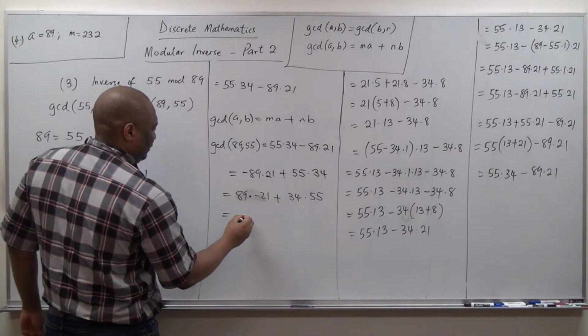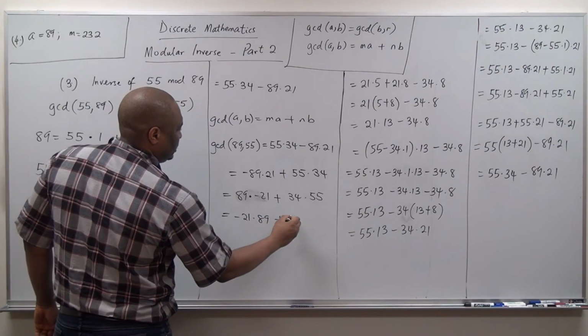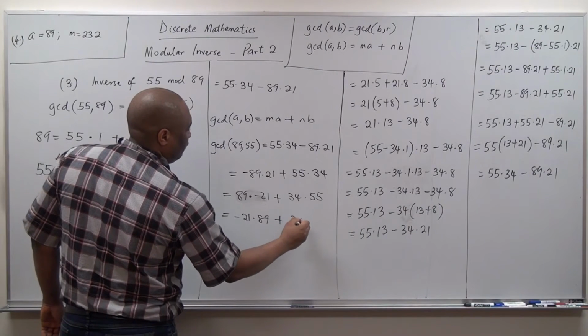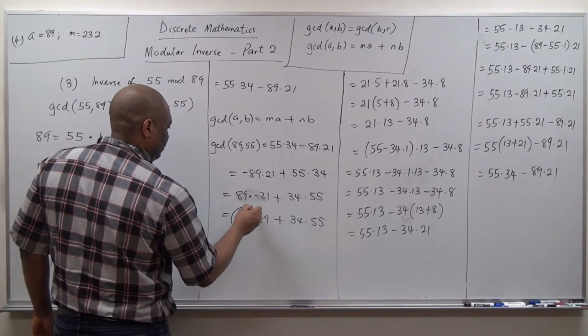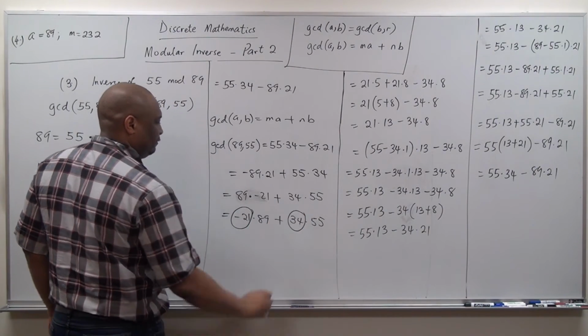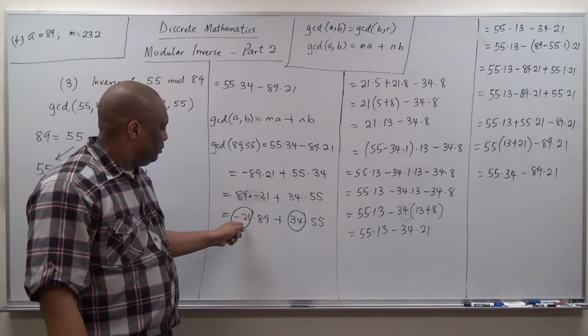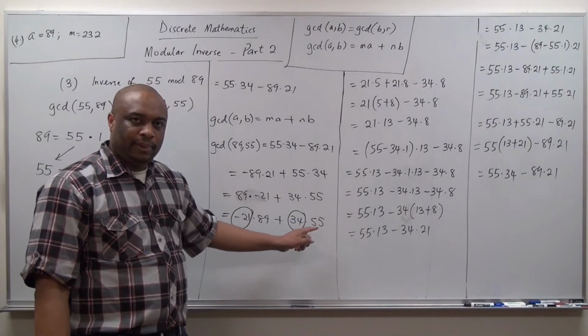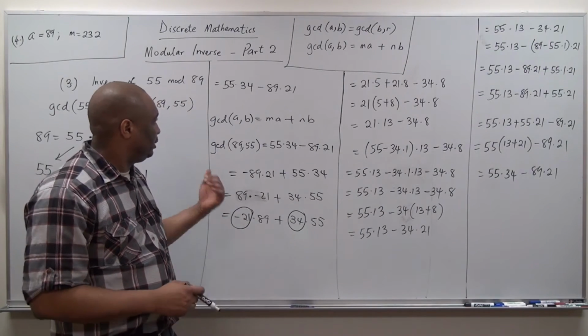So this is now negative 21 times 89 plus 34 times 55. So we see we have the Bezout's coefficients to be negative 21 and 34. And if you multiply this and subtract, it's going to give you 1.